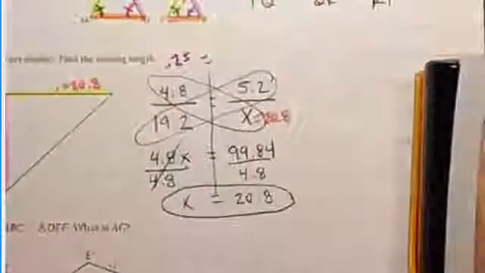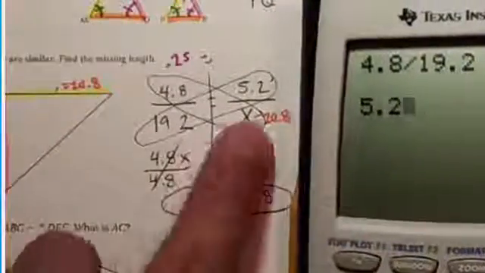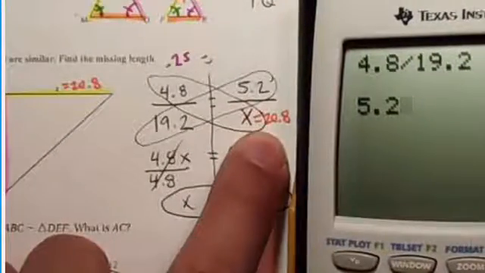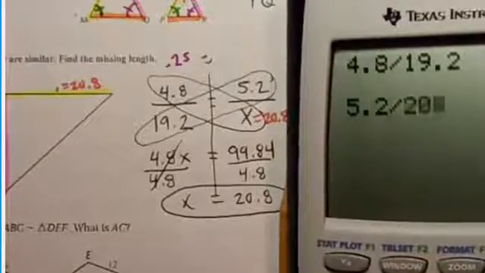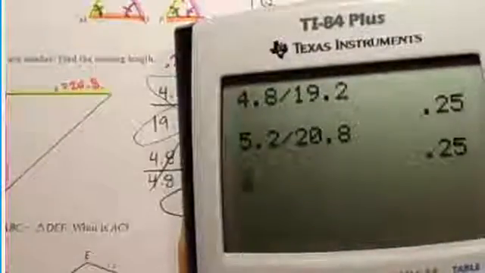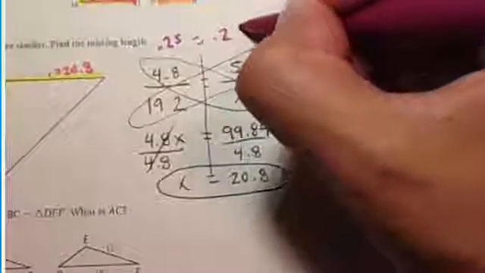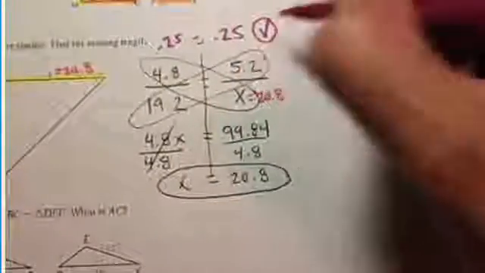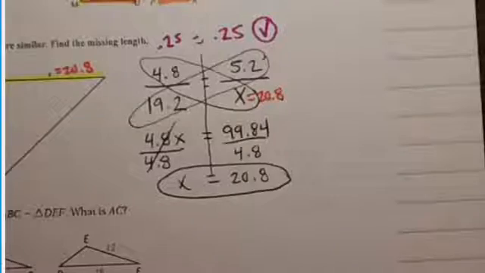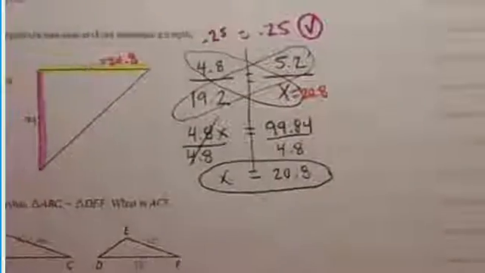So this ratio is 0.25. Let's check what we found. If I do 5.2 divided by 20.8, I end up getting 0.25, which means they're equal, so that makes it a proportion. So I know I did that correctly.